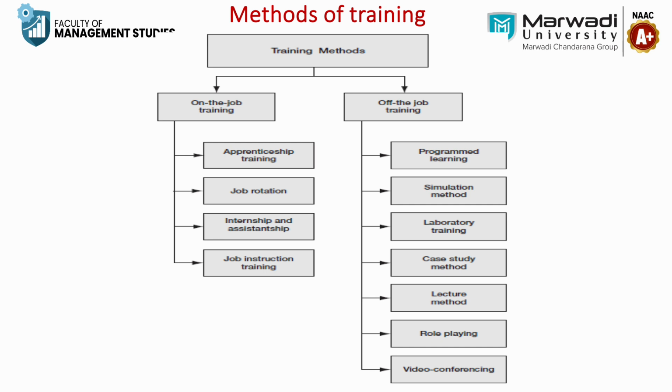As I said, on the job training is one wherein people want to get hands on experience. It is the method used to obtain proficiency, knowledge, skills, or whatever is required to ace a job in a real life working environment.